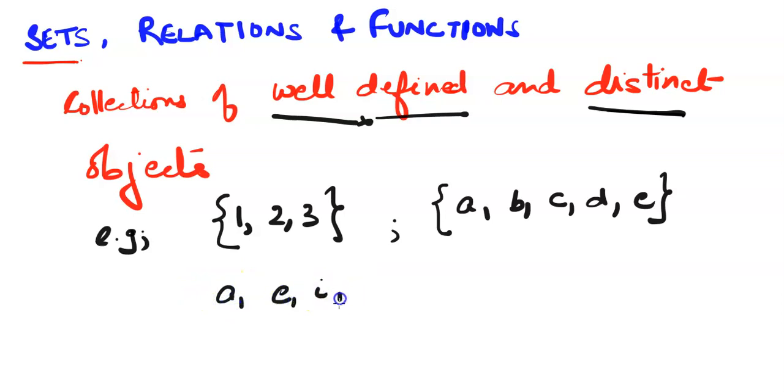A, E, I, O, U: these are vowels, again well-defined and distinct objects. So a collection of well-defined and distinct objects is called a set.